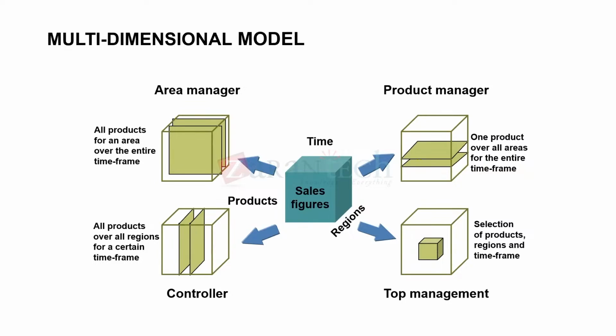This is called a star schema, wherein you have a fact table in the center surrounded by several dimension tables. These are different dimension tables: area manager, controller, top management, product management. These are the dimension tables surrounded by a central fact table. Okay, so the characteristic data is stored in a separate table, and key figure data is stored in a separate table.